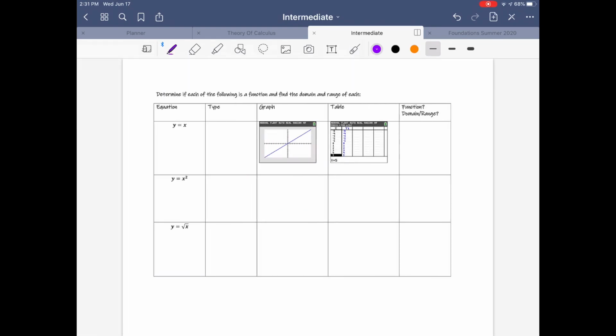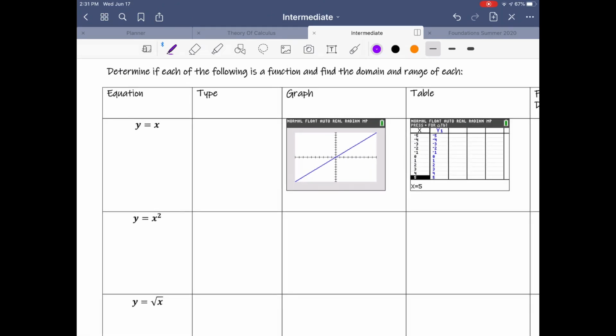These are a couple functions that you're going to see throughout the semester and on into college algebra. So these are the types of functions that I mentioned earlier in the lesson. Y equals x is called a linear function. If you were to graph it in a graphing calculator, then it would look like this. And it is a line.